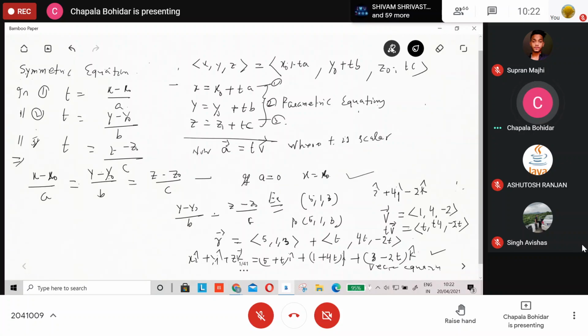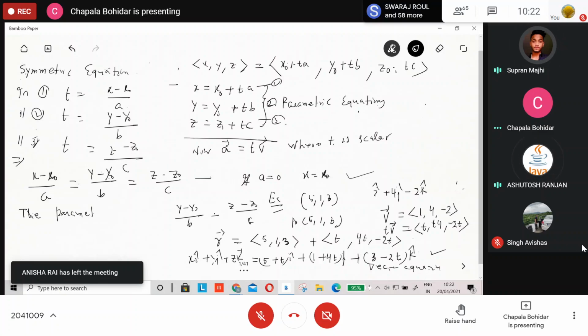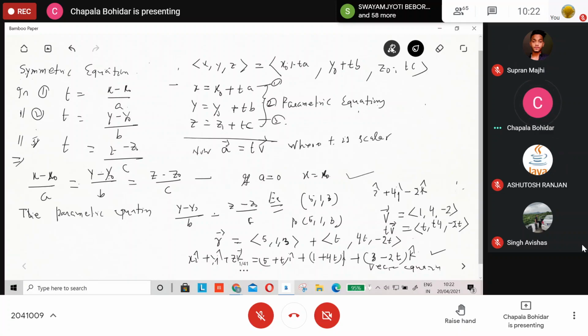Comparing both sides, the coefficients of i, j, k, we get the parametric equations: x is equal to 5 plus t, y is equal to 1 plus 4t, and z is equal to 3 minus 2t. Over.